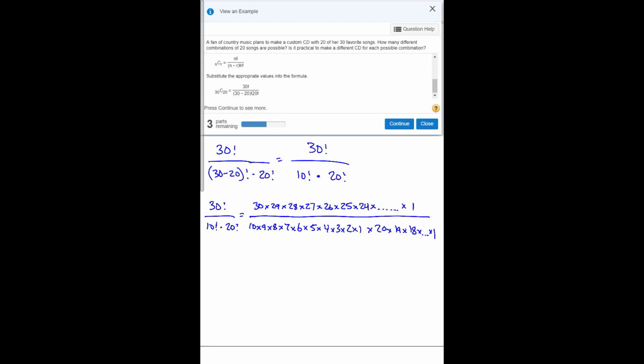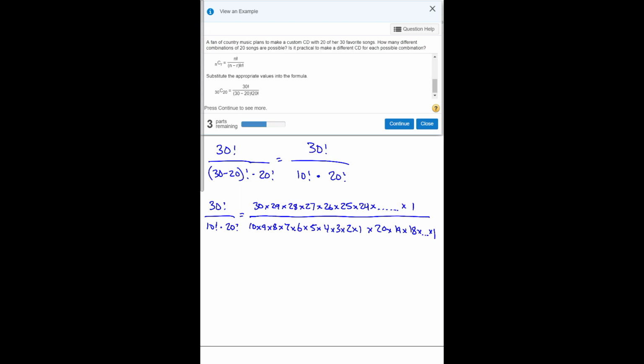Now let's think about this. You've got numbers on the top divided by numbers on the bottom. Let's clean this up even further. The numbers on the top, 30 factorial, go all the way down to 1, and on the bottom, 20 factorial goes from 20 all the way down to 1.